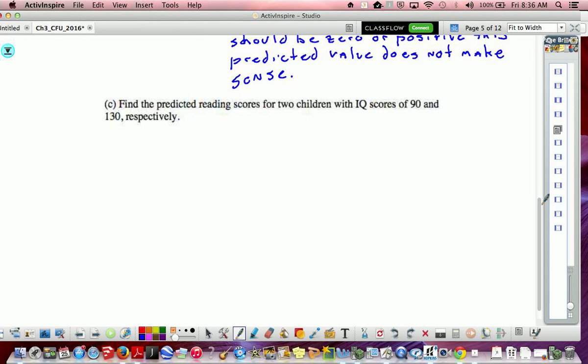Alright, so now, it asks you in C to find the predicted reading score for two children with IQ scores of 90 and 130. So for the first one here, an IQ score of 90, all I'm doing here is plugging it into my calculator into the equation. So I type in negative 33.4 plus 0.882 times 90.